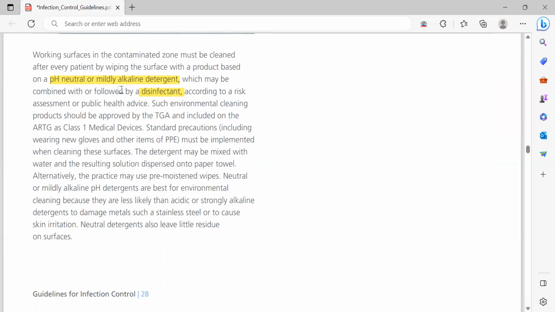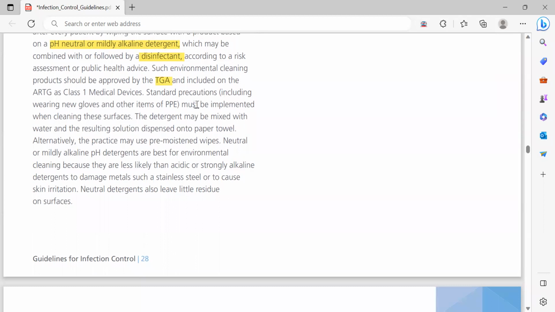So the detergent or the disinfectant should be approved by the TGA. And standard precautions must be implemented when cleaning these surfaces. The detergent may be mixed with water and the resulting solution dispensed onto a paper towel. So these are different ways you can clean it. Either you can make a mixture from the detergent, or you can use the wipes.